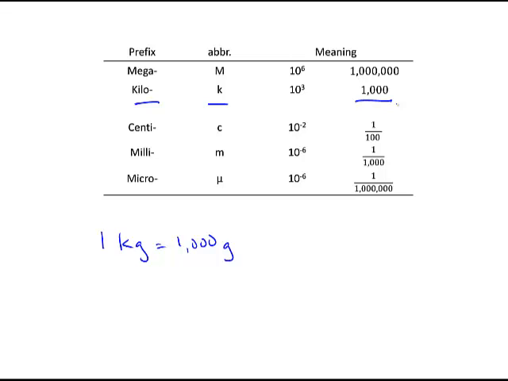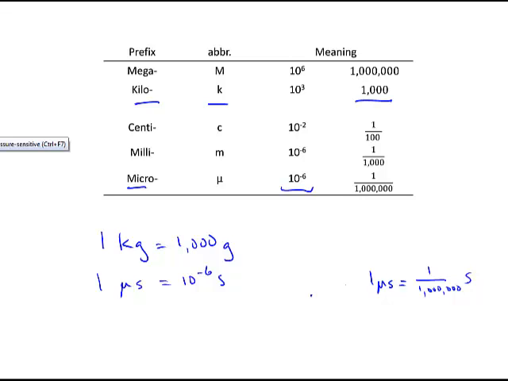If we needed to make a much smaller measurement, we might use a prefix like micro. For example, if we were measuring very small time increments, we might express it in microseconds. We could write this several ways. Either we could write 1 microsecond equals 10 to the minus 6 seconds, or we could write 1 microsecond equals 1/1,000,000th of a second.